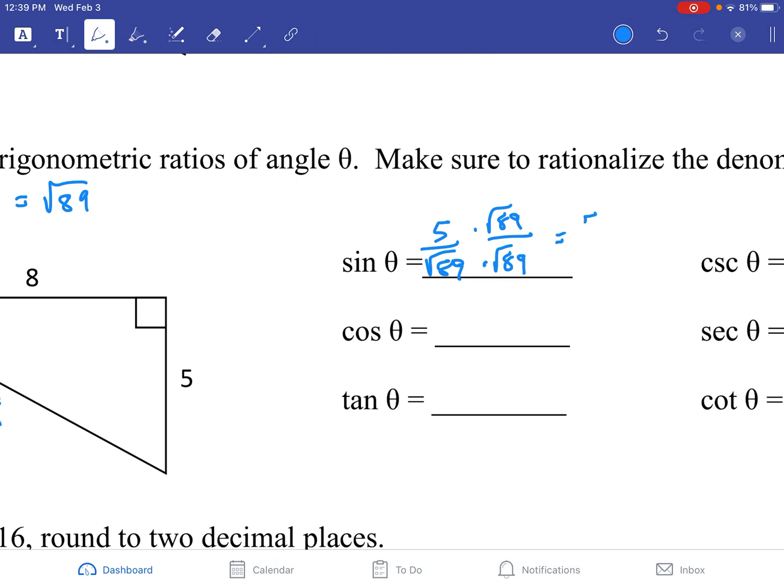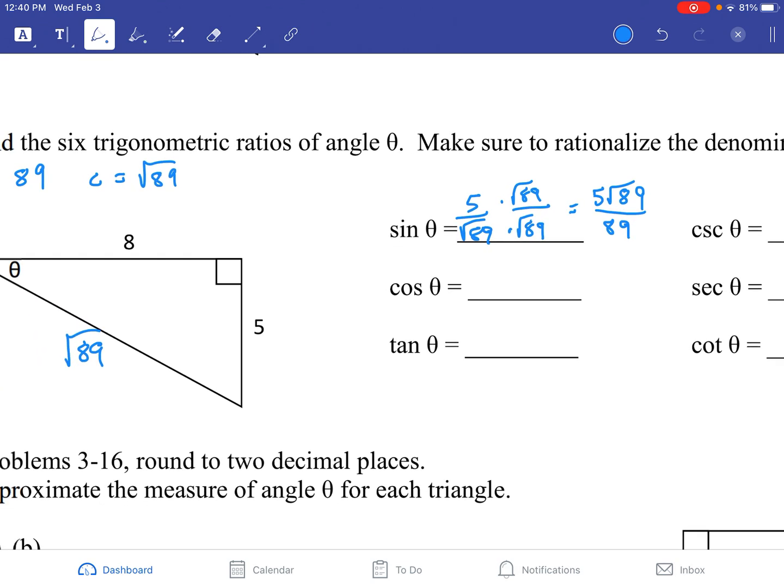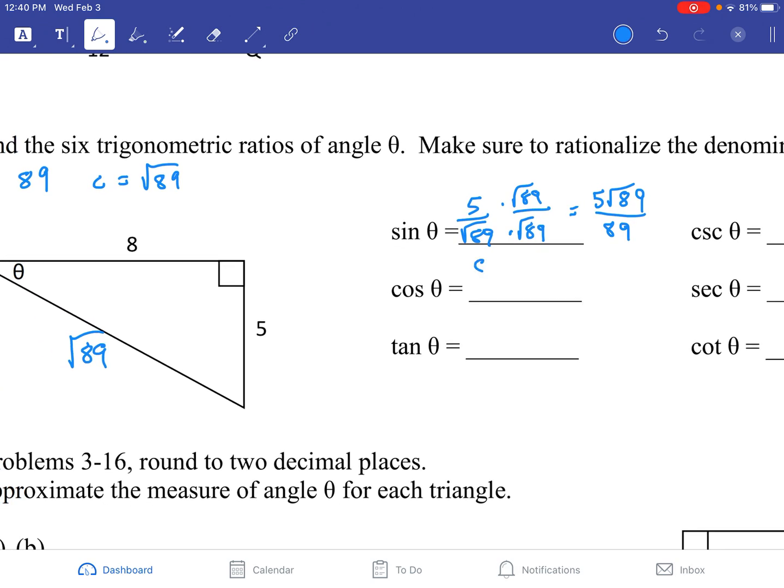You will get 5 root 89 over 89. For cosine, you have adjacent, so you have 8 over root 89, which gives you 8 root 89 over 89. And finally, tangent is opposite over adjacent, which is 5 over 8.